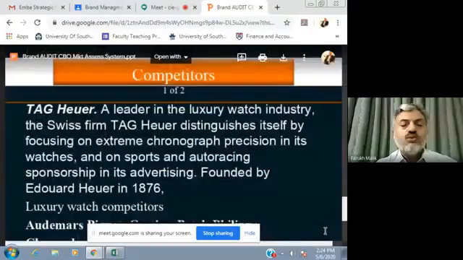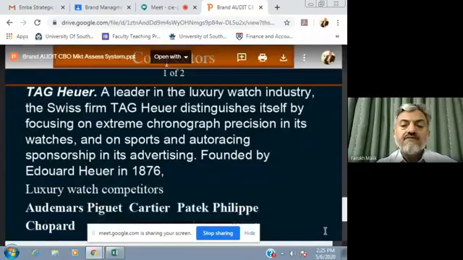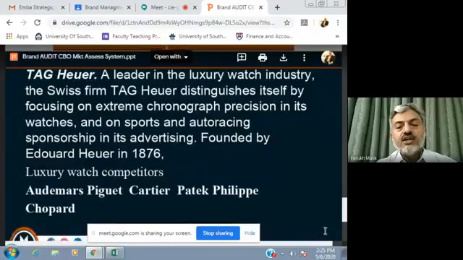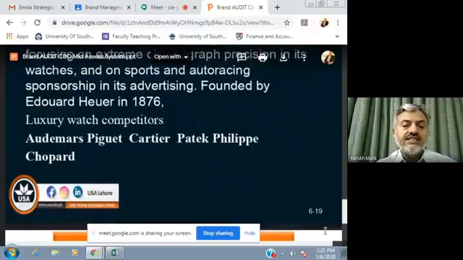Competitors. Tag Heuer is a leader in the luxury watch industry, and the Swiss firm distinguishes itself by focusing on extreme chronograph precision in its watches and on sports sponsorships. It was founded in 1876.